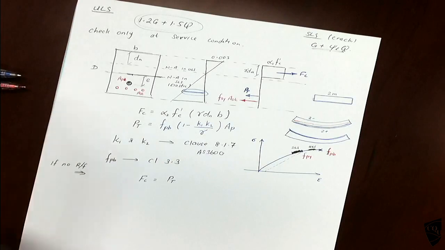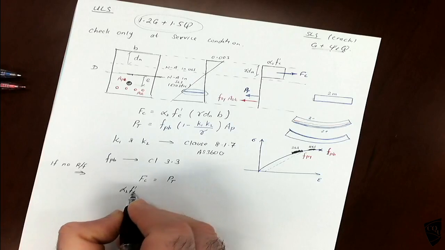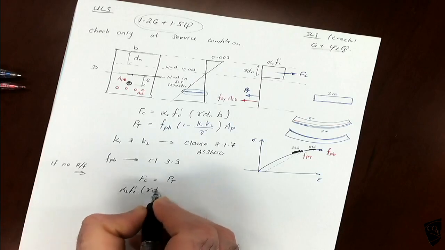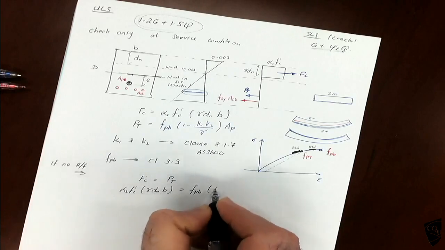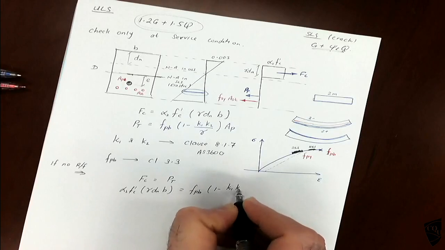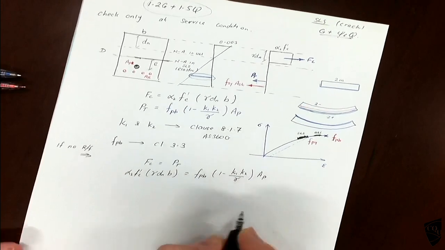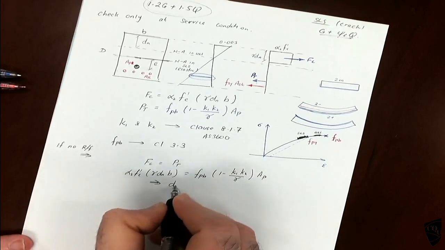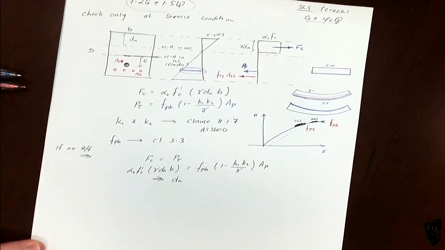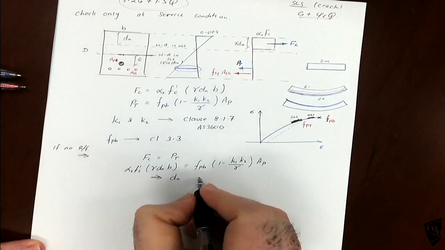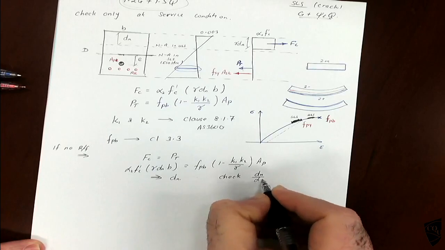So alpha 2 f'c gamma dn b equals FPB (1 minus k1 k2 upon gamma) Ap. So you should be able to find out dn, then check for dn. What is the check? dn upon d.